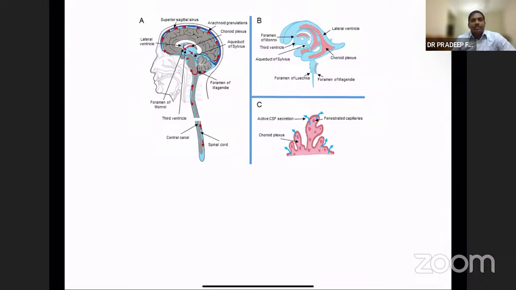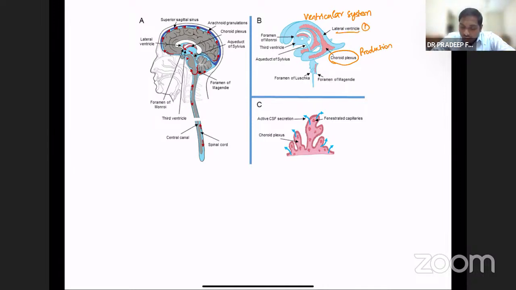So this is the picture that shows the CSF production as well as drainage. This is the ventricular system. Where will the CSF be produced? The CSF is produced from the choroid plexus, which is commonly present in the lateral ventricle.